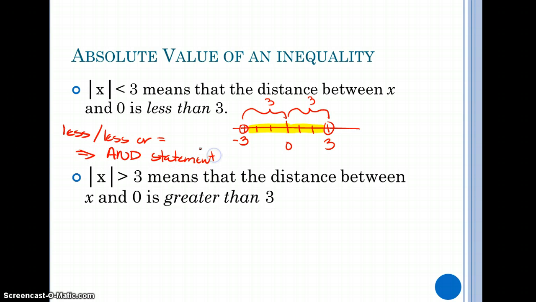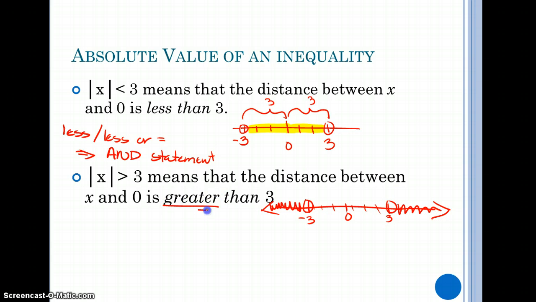With that said, if they're telling you that the distance is greater than 3, you're going to have, here's your negative 3, here's 0, here's 3, because this distance 1, 2, 3, 1, 2, 3. If it's greater than, that means it's not going to be from here to here. Instead, it's going to be bigger than that, which will be all the way out to infinity. Here, it'll be greater than that, which will also be all the way out into infinity.